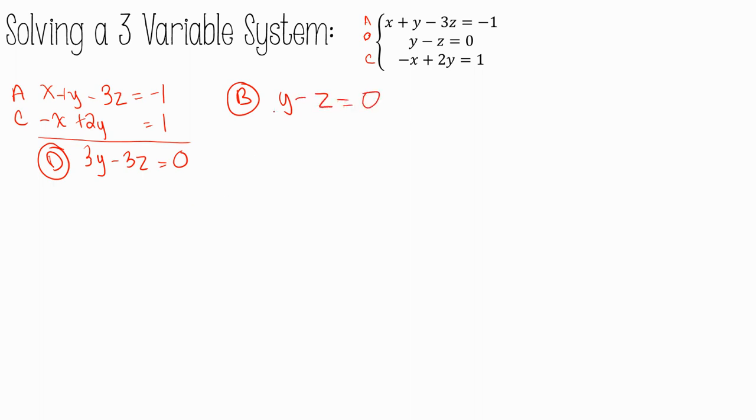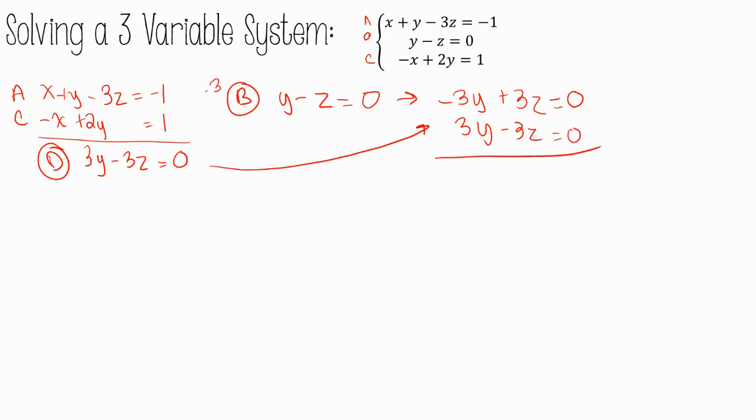So I want to actually multiply B times 3, or divide everything in D by 3. If I multiply B by 3, I'll get negative 3y plus 3z equals 0. And then I'll pair that with D, 3y minus 3z equals 0. And what you should end up seeing is 0 equals 0, which means we have infinitely many solutions.